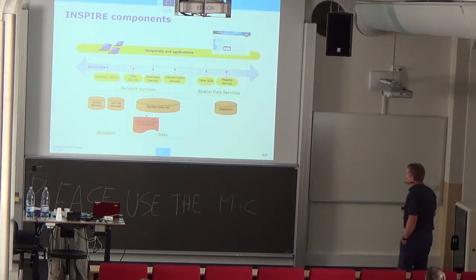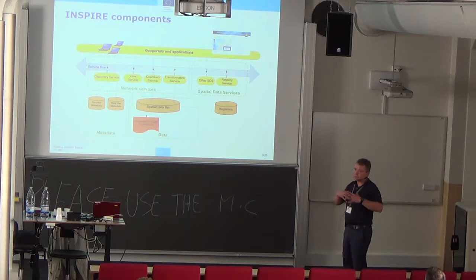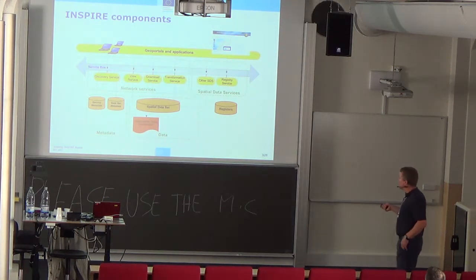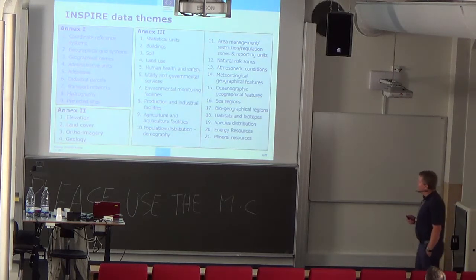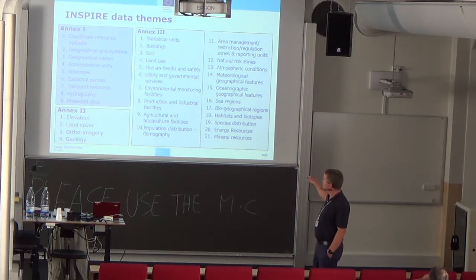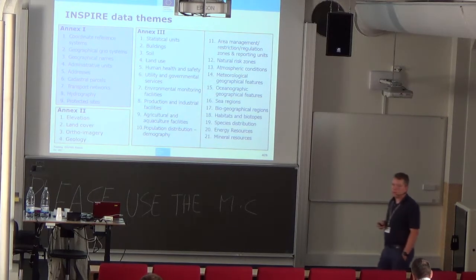Okay, so to be able to combine data and achieve this interoperability, we need to harmonize data with this interoperability target specification. Here we have these 34 themes, and for each of the themes we developed separate technical guidance or data specifications.